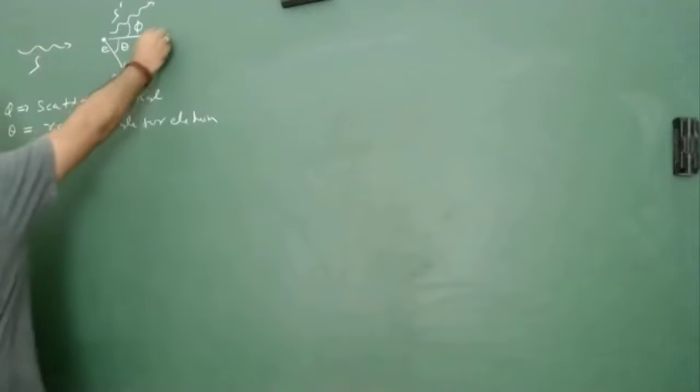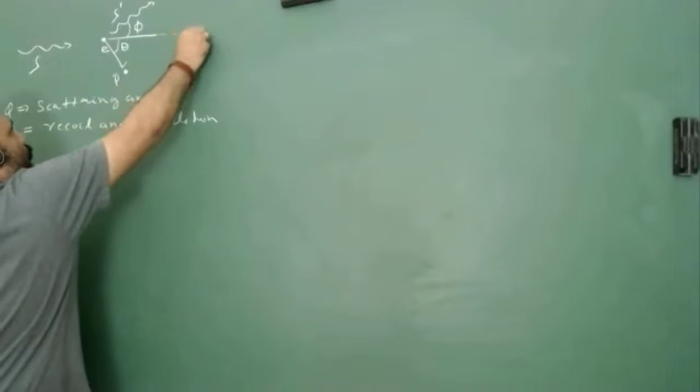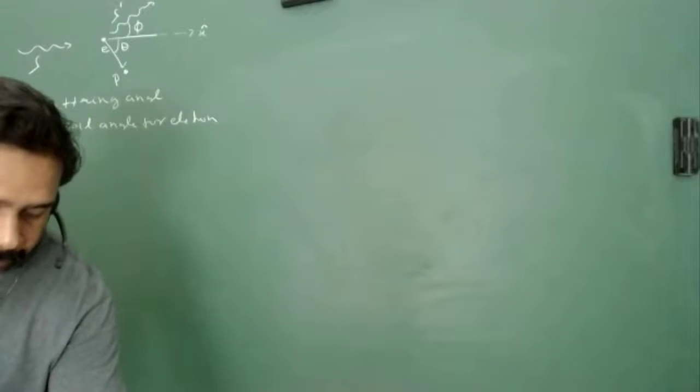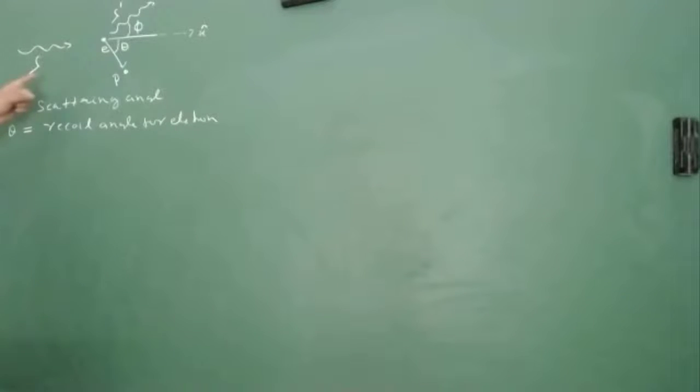Now I assume this is my x-axis. Momentum is a vector quantity, so we have to conserve the momentum along the x-axis as well as the y-axis. What will be the momentum associated with this X-ray wave? It will be h nu upon c; I will take it in terms of nu.